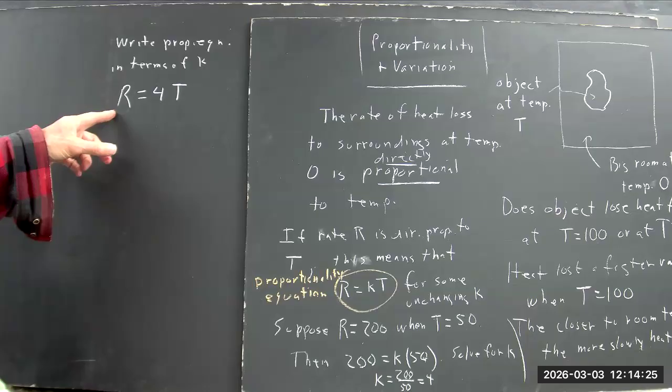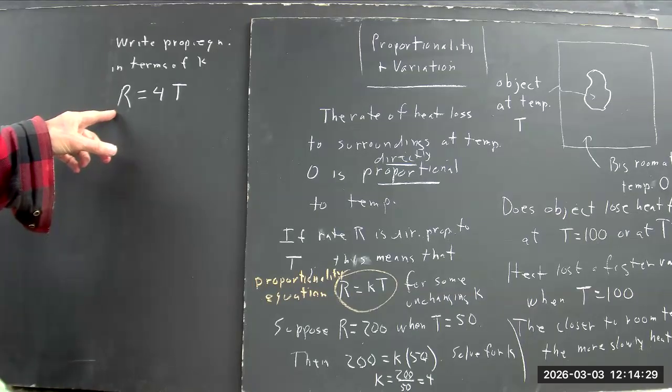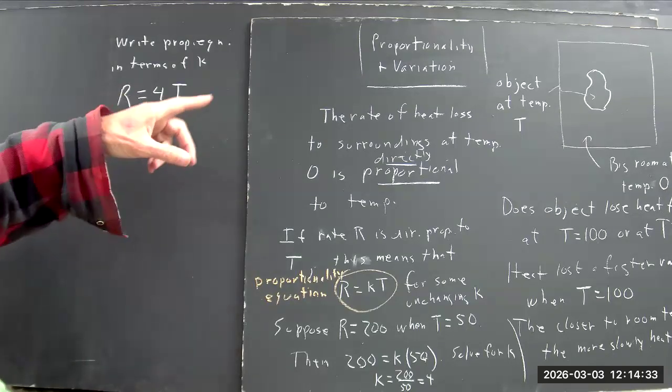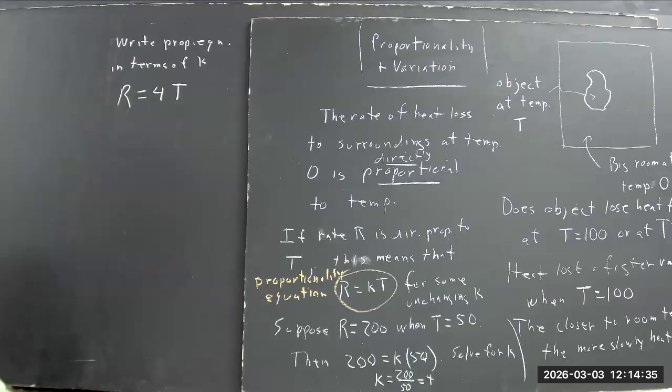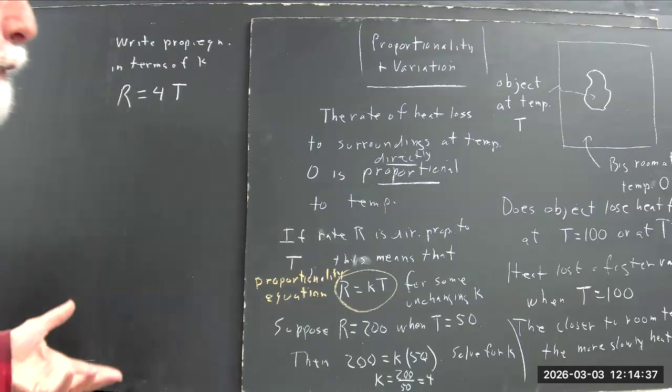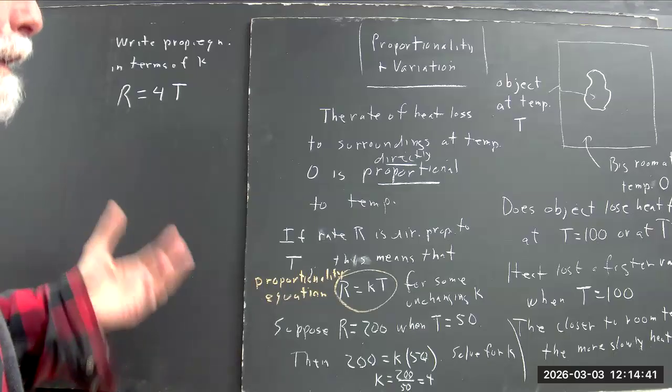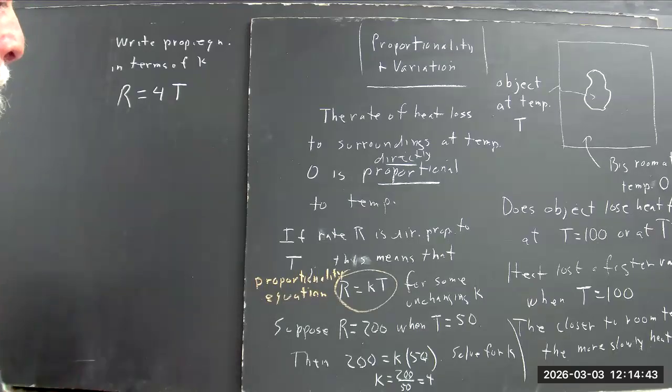The rate at which heat is being lost is 4 times T. Remember, heat isn't measured in units of temperature. Heat is measured in units of energy. Calories and joules are units of energy.